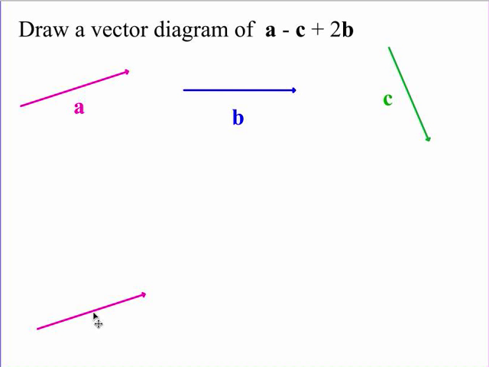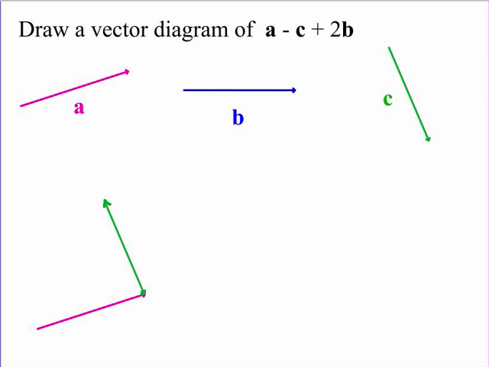What does the minus C look like? Up. It actually goes up because that's what the minus does. So I'm going to go ahead and place it here, and I'm just going to change that so that this is my starting point, and here's my ending point. So there is A minus C.